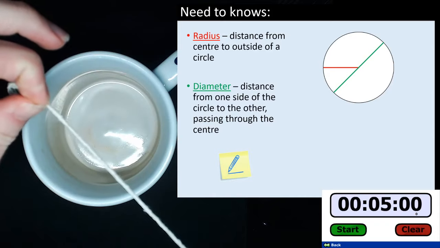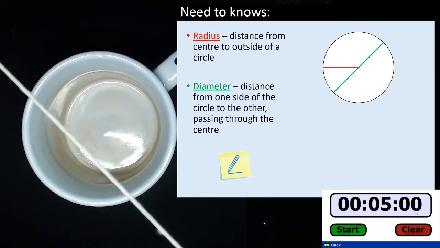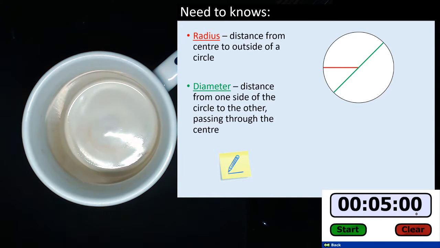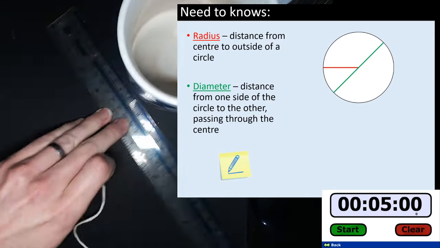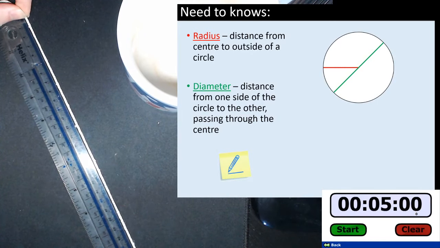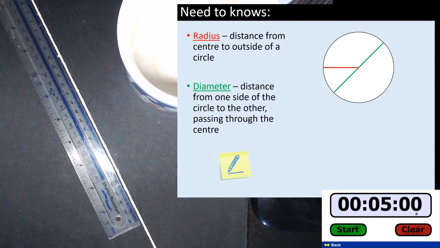Now all I'm going to do is to take that distance that I've got measured in string and put it next to a ruler, which I have got just here. And there we go. Now, if I measure my bit of string, I will know what the distance going all the way around that object is.